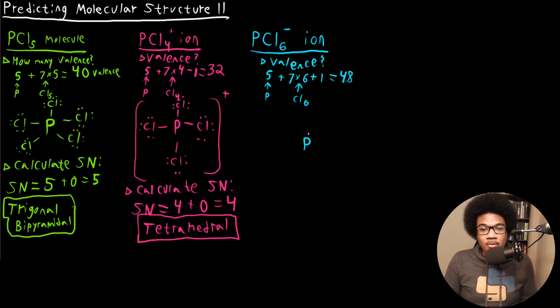Again, forming the Lewis structure here, connecting all 6 chlorines. Phosphorus is going to be fine with this because it can accommodate an expanded octet. 1, 2, 3, 4, 5, 6, we've got all 6 of our chlorines surrounding the phosphorus. From there, just add in lone pairs for the chlorines all across the board.